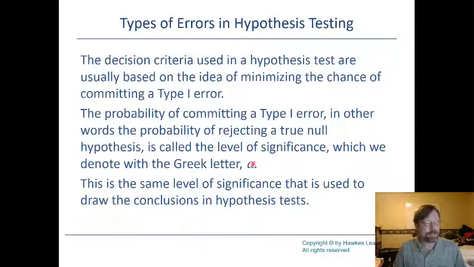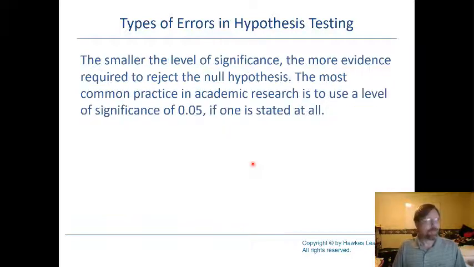It is the same as 1 minus the confidence level we're looking at for confidence intervals. The smaller that level of significance, the more evidence you have to have. And as I said several times, the most common practice in academic research is to use 5%.